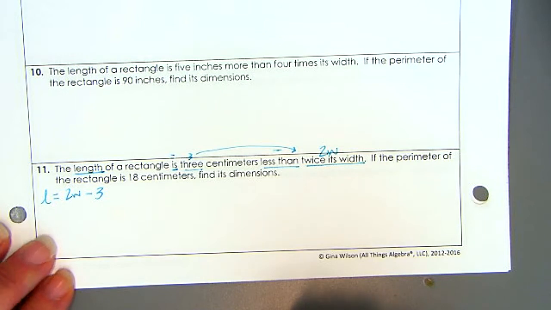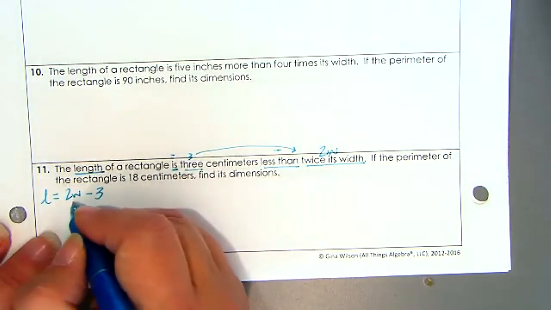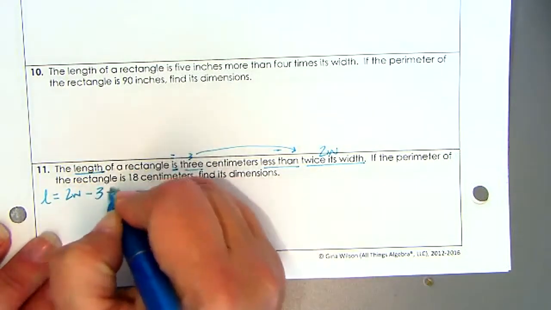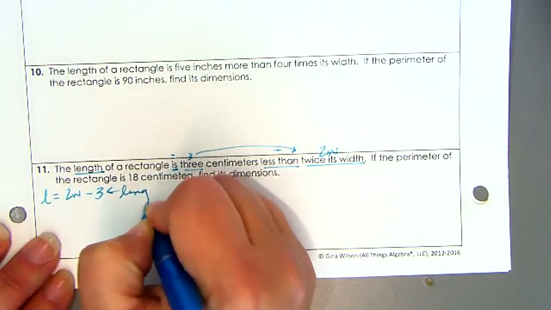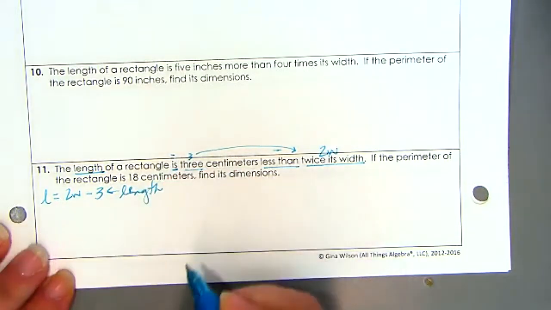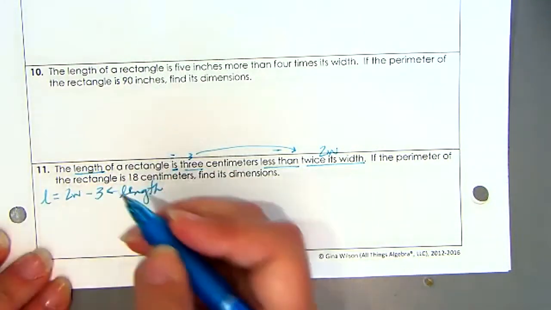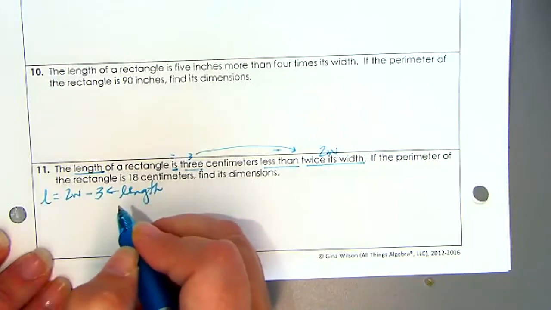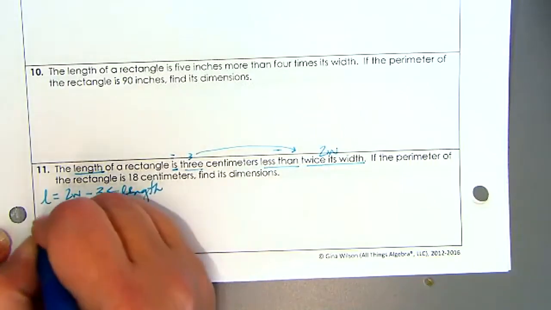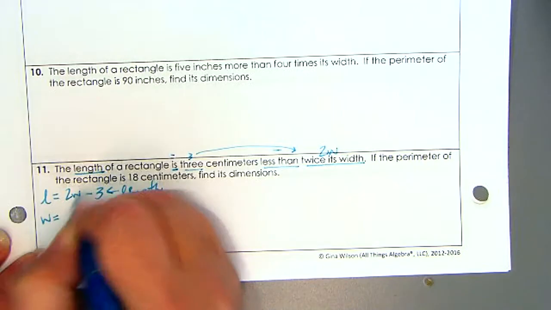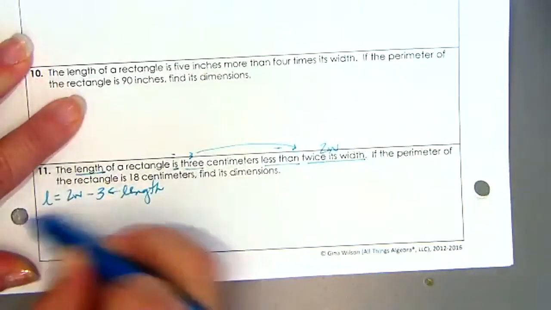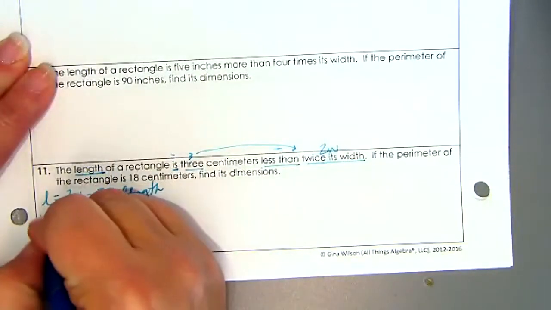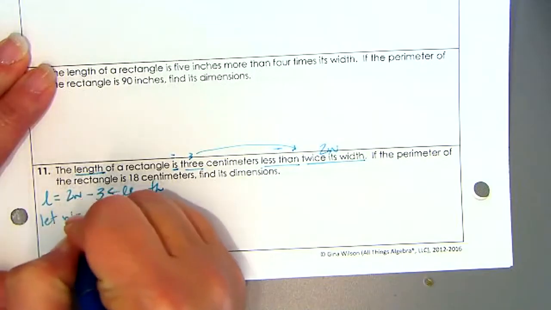So we're going to let W equal the width. I need to make sure I'm writing this correctly and being consistent.